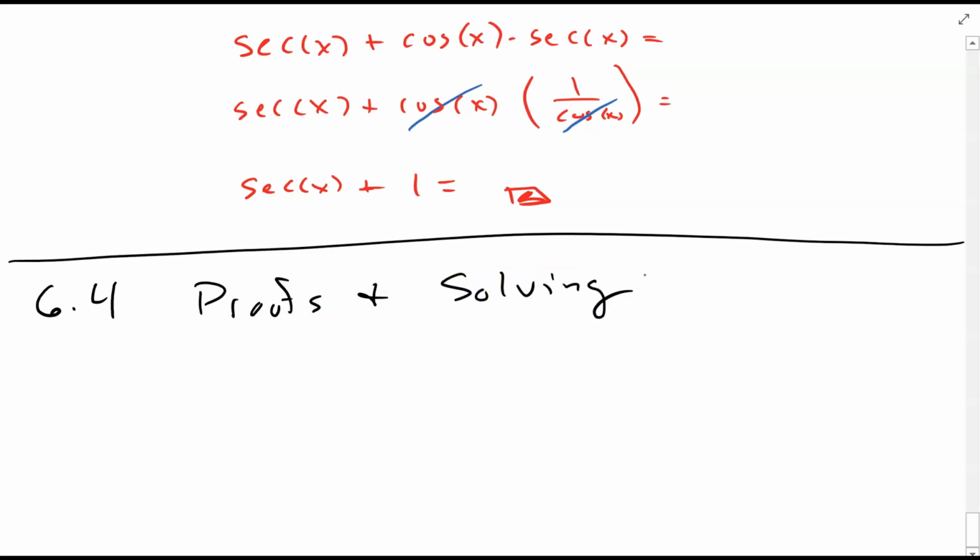So in 6.4, we're going to talk about proofs and solving. There's no new identities here, but now all of a sudden we have the option to use any and all of the identities we've talked about to do some of these proving and solving problems.